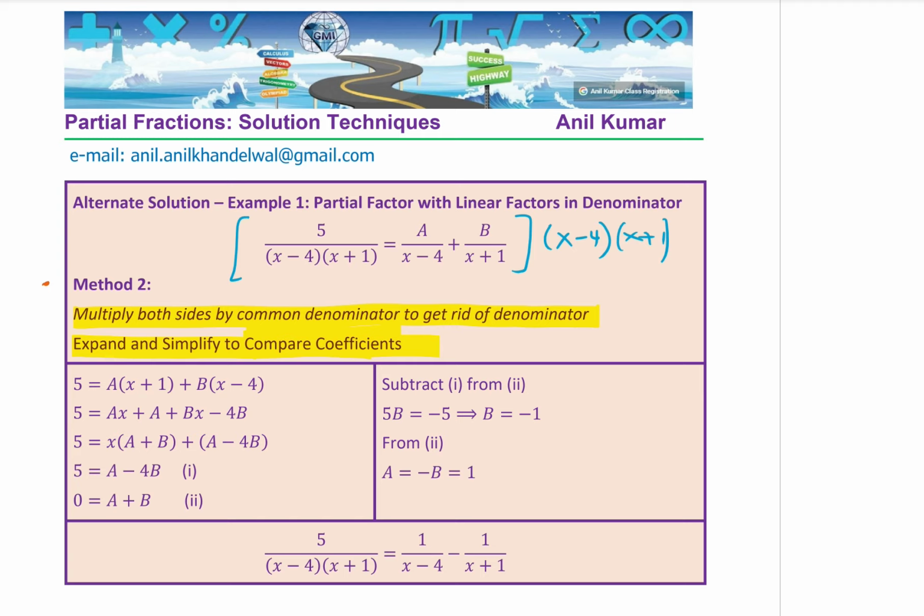But now the different step is to expand and simplify and then compare the coefficients. So we'll apply the distributive property. What do you get? You get 5 equals ax plus a, which is when you multiply a with x plus 1, and when you multiply b with x minus 4, you get bx minus 4b.